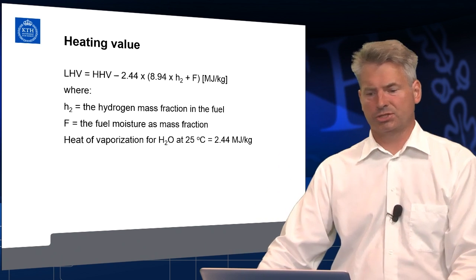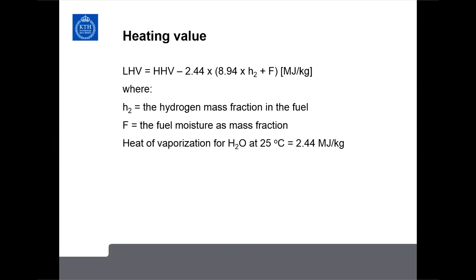Here you see an equation where you can calculate the lower heating value if you know the higher heating value, or the inverse. Then you have to consider the hydrogen mass fraction in the fuel, as the hydrogen in the fuel is converted to water when it is oxidized.